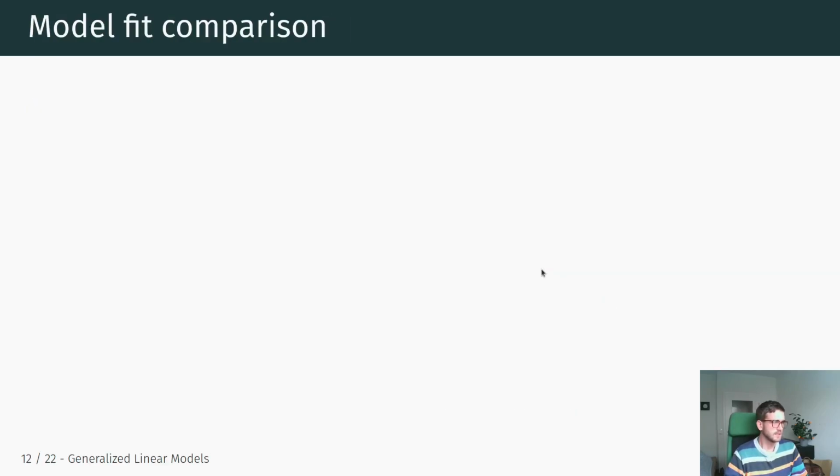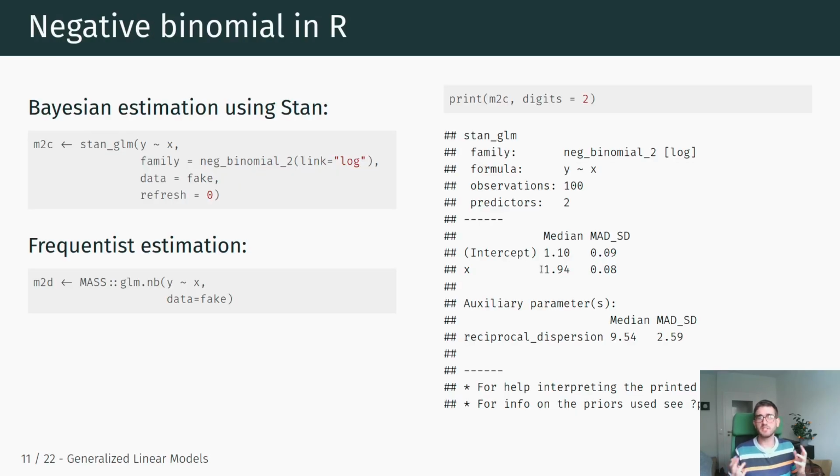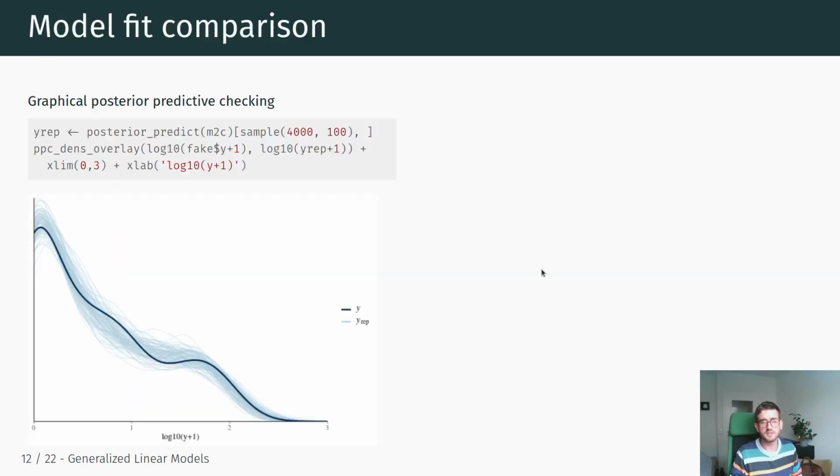The next thing is, how do we decide whether we need a negative binomial or a Poisson regression? There are some tests we can run from a frequentist perspective, but we can also use the methods that we already covered in previous weeks for linear regression and logistic regression to evaluate model fit.